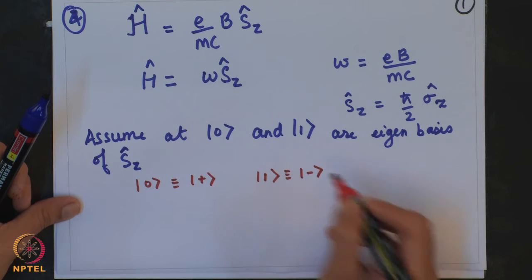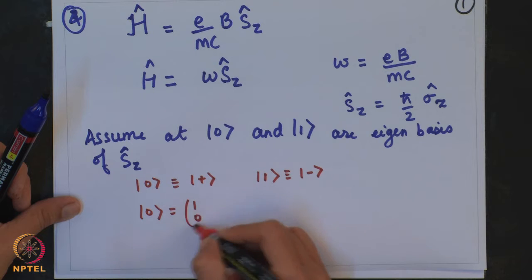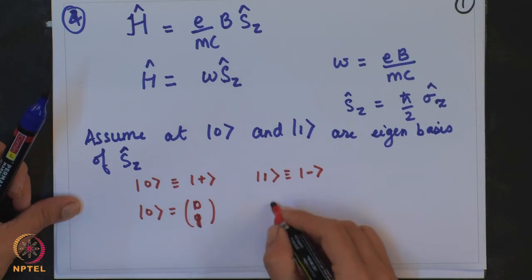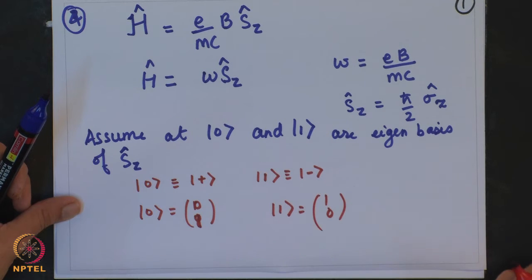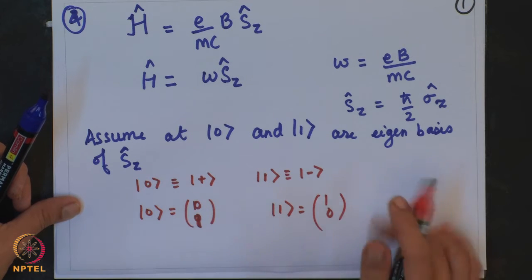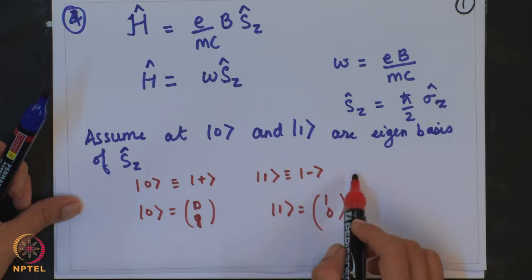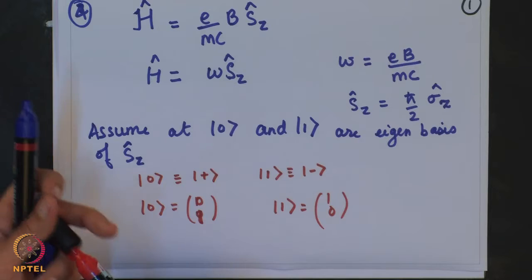So, here 0 indicates the 1 0 state and 1 indicates the 0 1 state. Instead of plus and minus ket, I am denoting it as 0 and 1, please do not get confused.